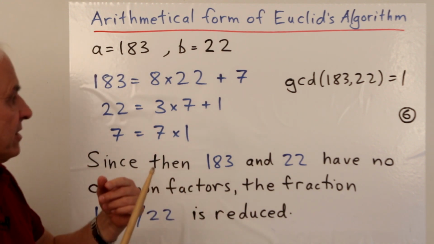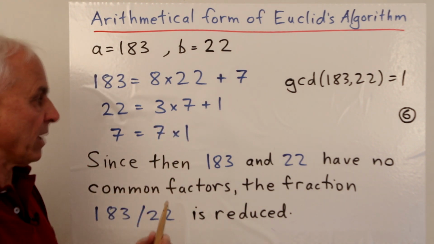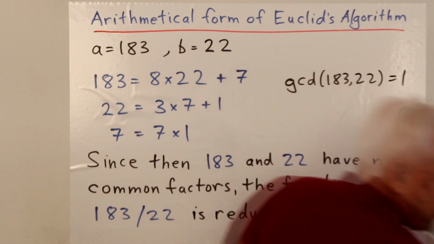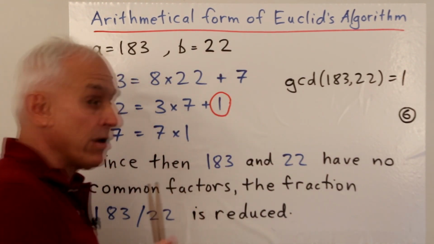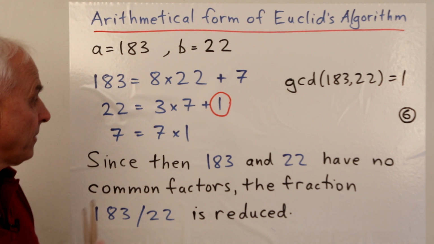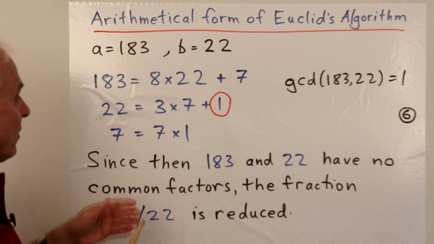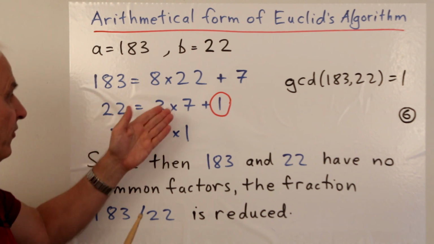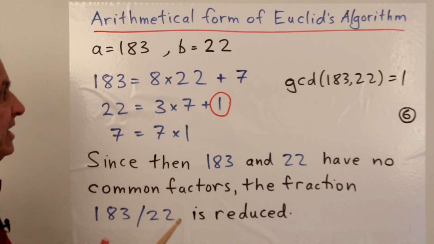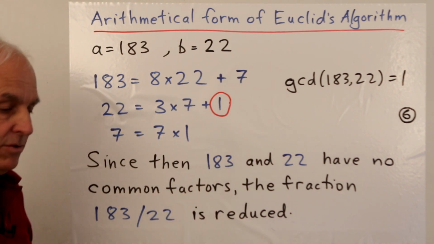So the last non-zero remainder that we got was this 1. Then all of the numbers are multiples of 1, and that's the GCD of 183 and 22.